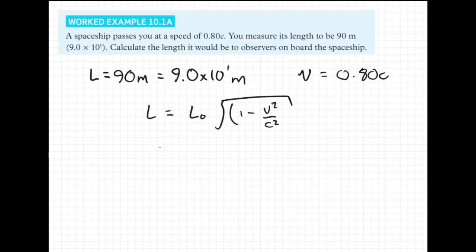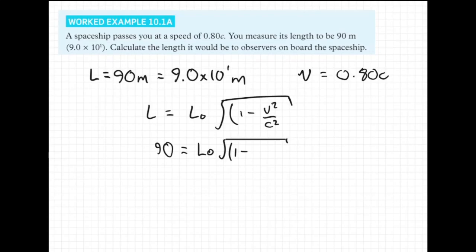We've got 9.0 by 10 equals, that's how I wrote it. We could just do it as 90, easier math. 90 equals L0 times the Lorentz factor, 1 minus our c is going to get squared.